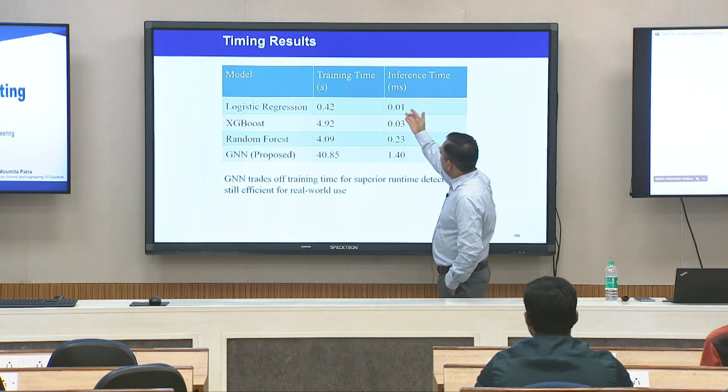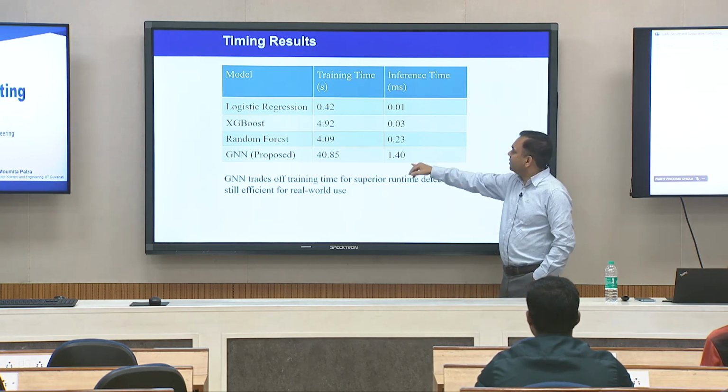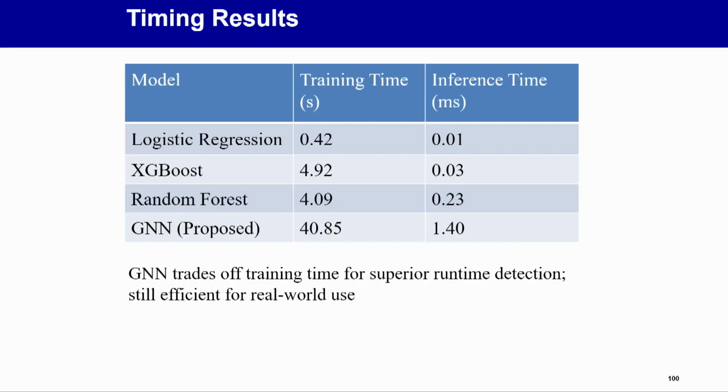Again, for inference, those approaches take much less time. These are milliseconds, and ours takes around 1.4 milliseconds. So we are trading off training time and inference time for the accuracy we are getting. There is always a trade-off.